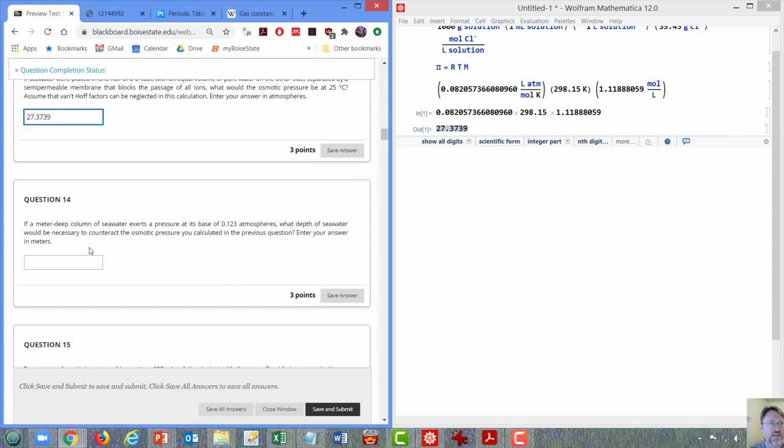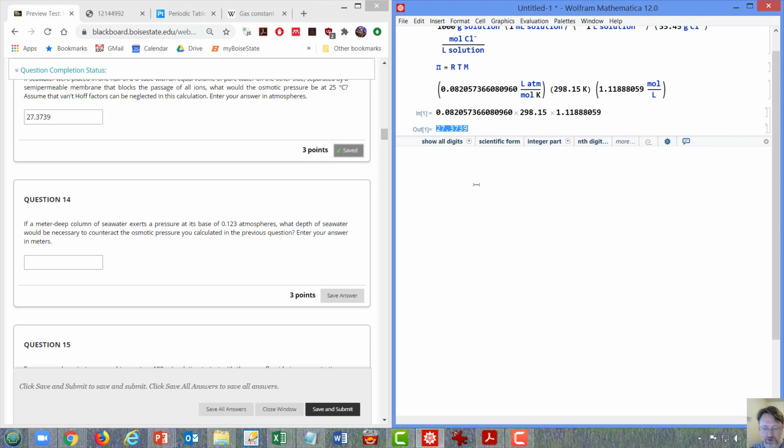All right. Now, if a meter-deep column of seawater exerts a pressure at its base of 0.0123 atmospheres, what depth of seawater would be necessary to counteract the osmotic pressure? So what are our units here? That is how many atmospheres we have. So let's take it to there, any atmospheres. And we now have a conversion factor, don't we?